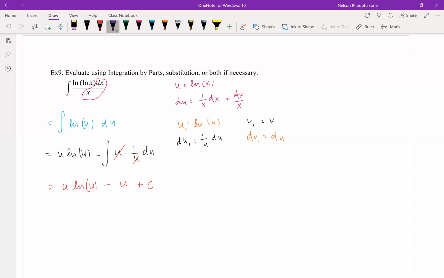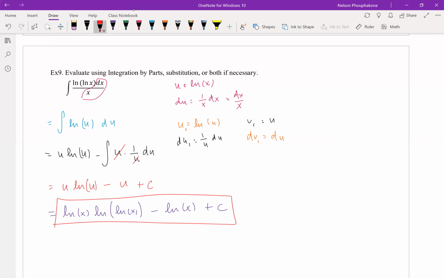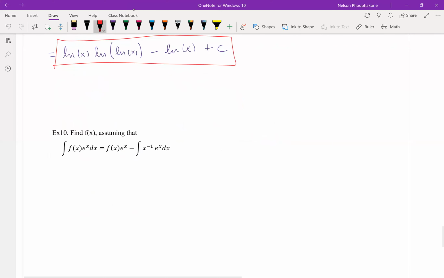And now what is u? u is natural log of x, so natural log of x times natural log of x minus natural log of x plus c. Fun, huh?